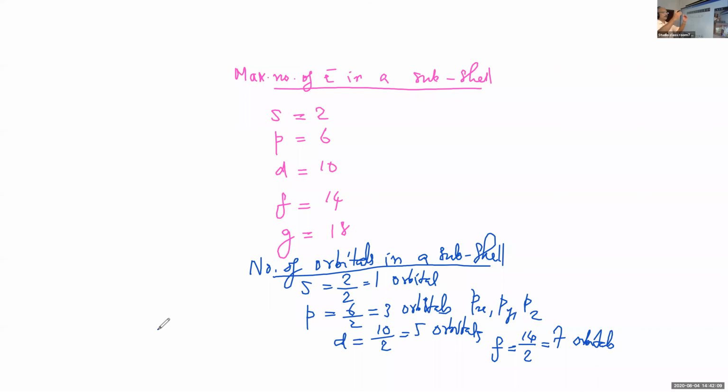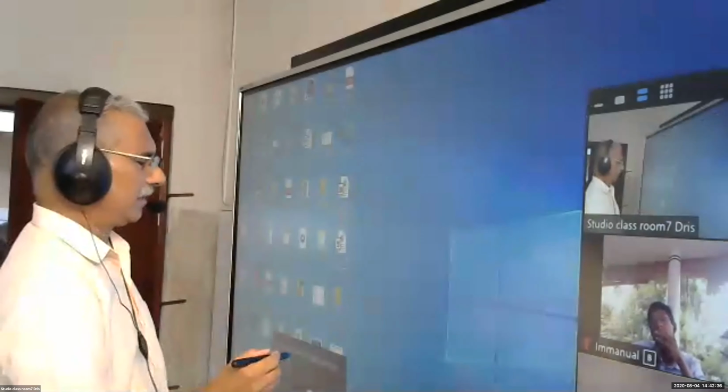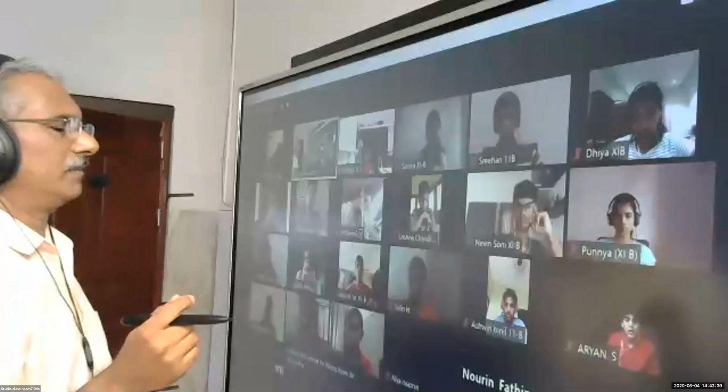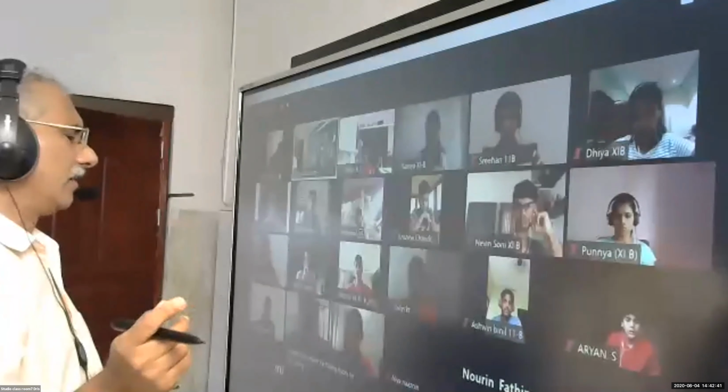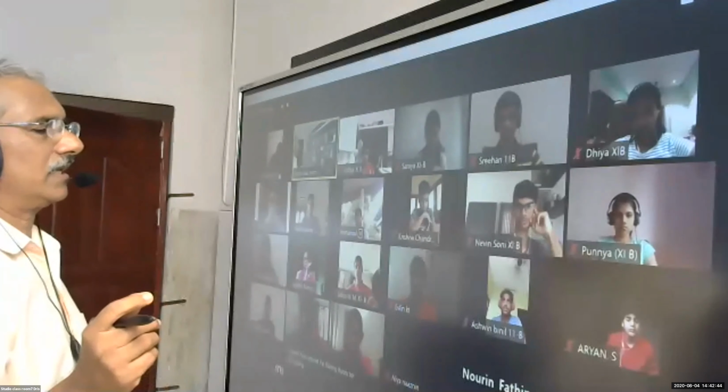Remember this: orbit or shell is divided into subshells, S, P, D, F. Then subshells are divided into orbitals, S orbital, P orbital, D orbital, etc. S, 1, then P, 3, D, 5 orbitals, F, 7 orbitals, then G, 9 orbitals, etc.